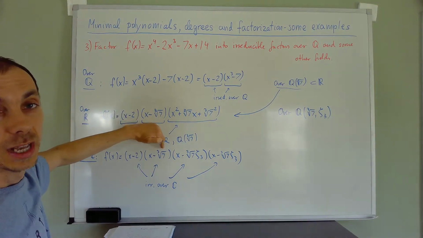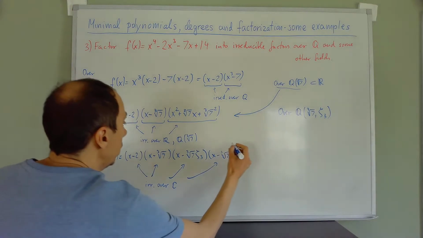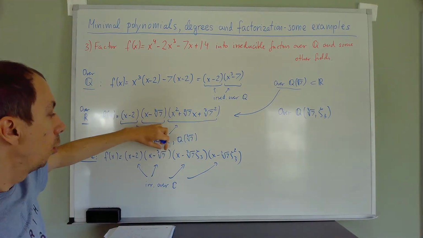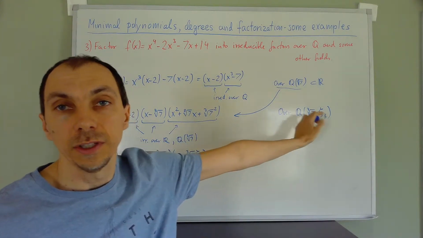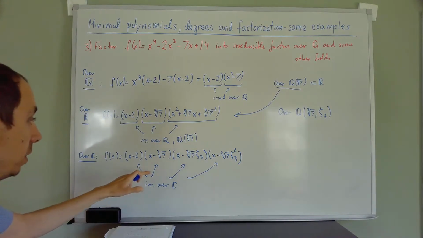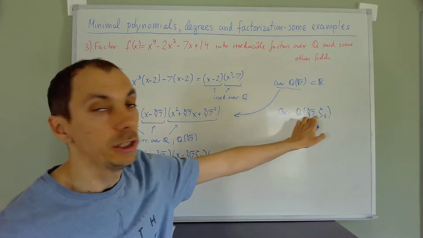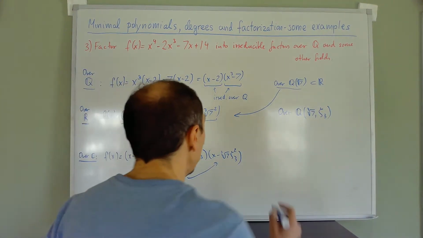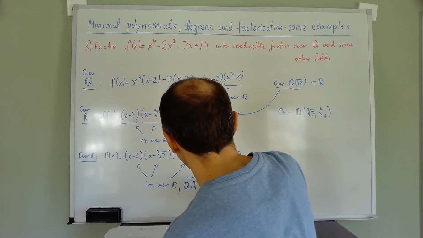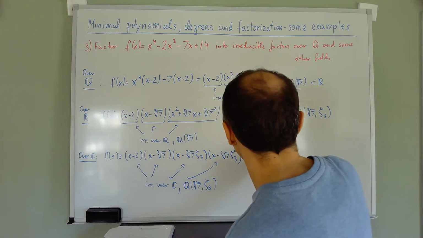They are cube root of 7, cube root of 7 zeta 3, and cube root of 7 zeta 3 squared. And all three lie in this field. They can be expressed by cube root of 7 and zeta 3. So that means the polynomial f of x factors completely into linear factors over that field. So this factorization here is also valid over Q adjoin cube root of 7 and zeta 3.